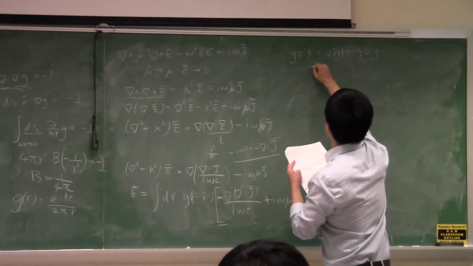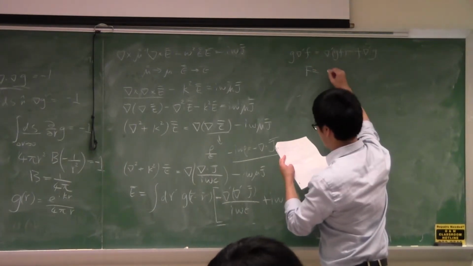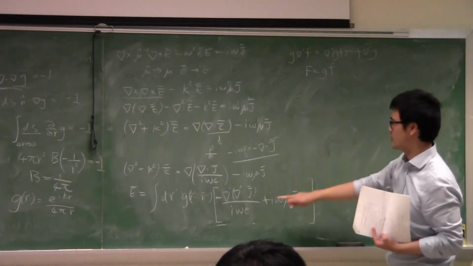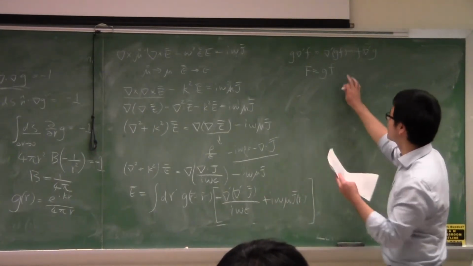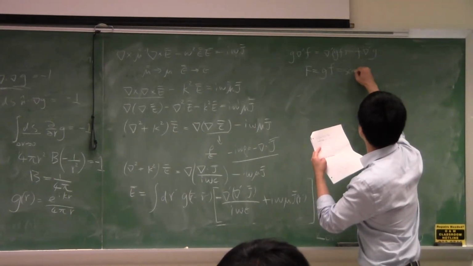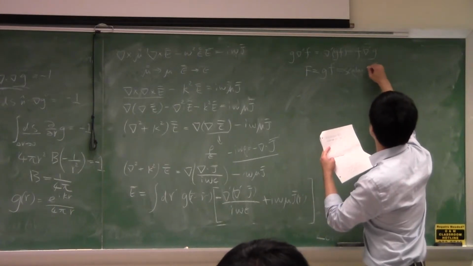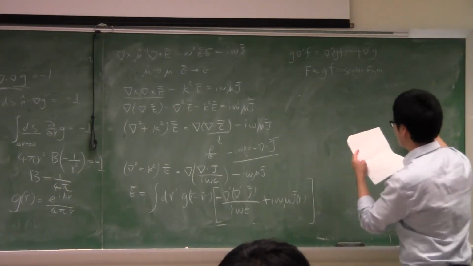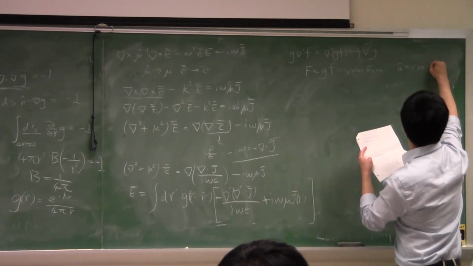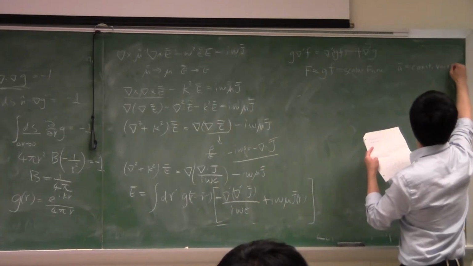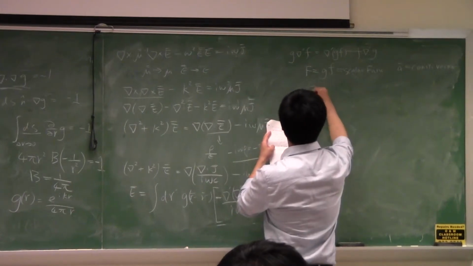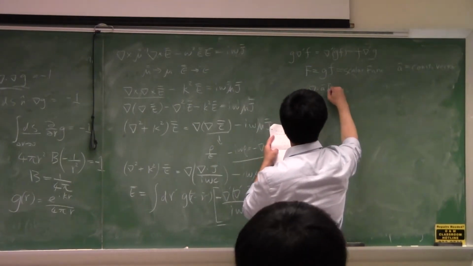We assume this scalar function, capital F, equals G times small f, where small f is just the divergence of the current. And this is a scalar function. And then we introduce a constant vector. So now we use another identity.